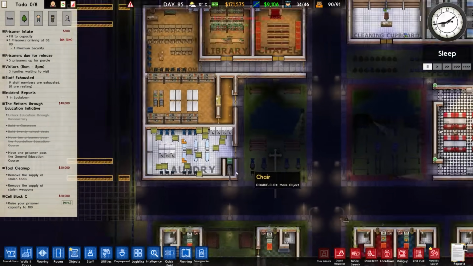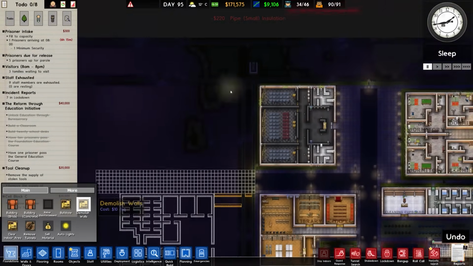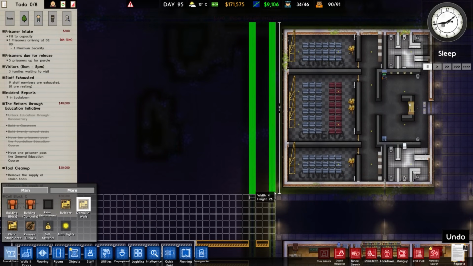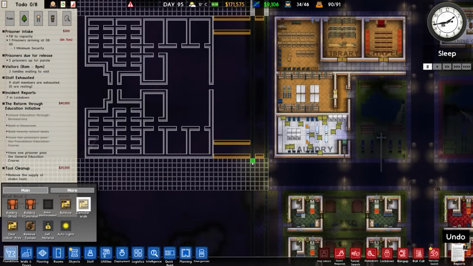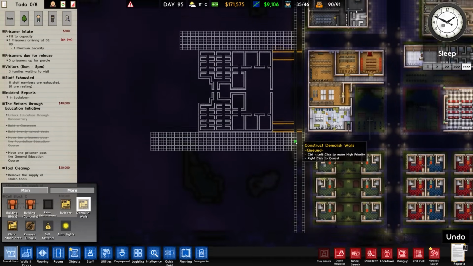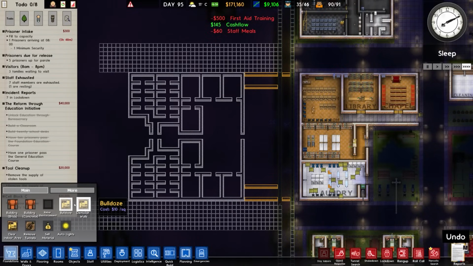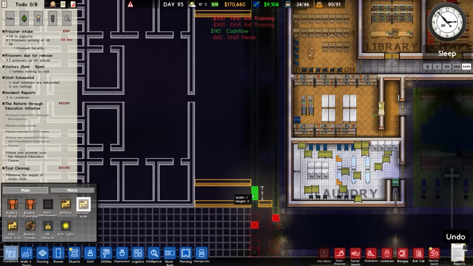And there we are. And it is demolish walls. So the walls that get to be demolished are numerous. Not those, though. And down to there. And we want to have those demolished. Those demolished.